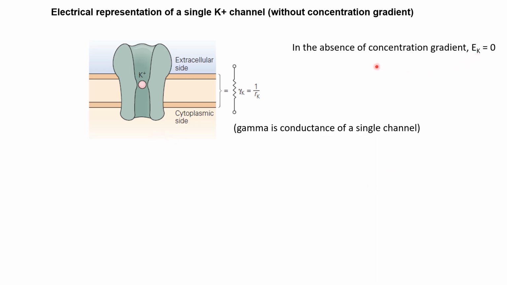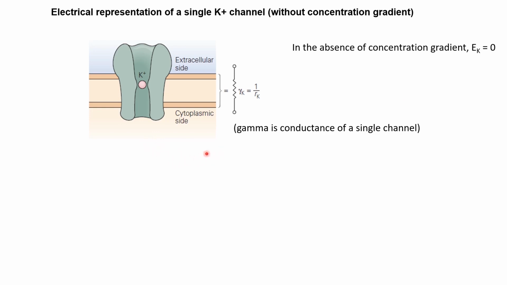We can also get the same thing from using the Nernst equation, in which if we plug in the inside concentration and outside concentration to be equal, then the ratio is 1 and log of that is 0. So Ek comes out to be 0 in that case, which means that potassium ions would try to keep the membrane potential or the membrane voltage at 0.